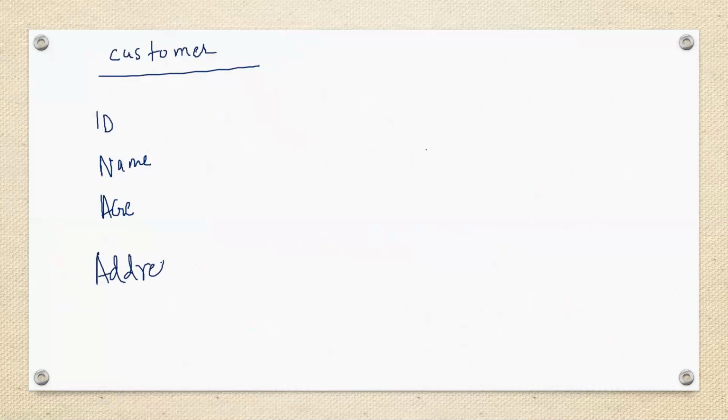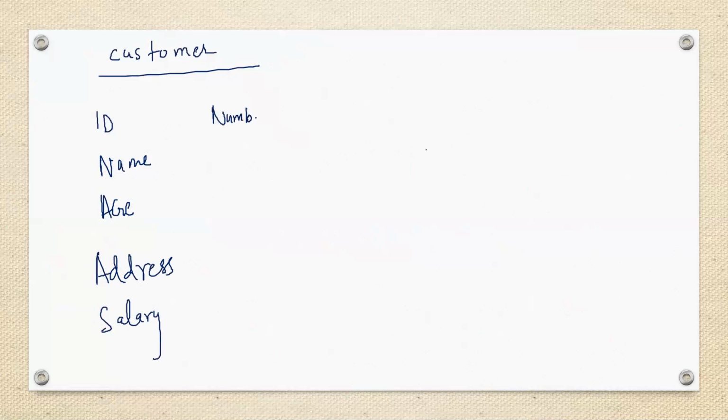Consider a table called customer. In this table, we have these columns: ID, name, age, address, and salary. What should be the data type of ID?